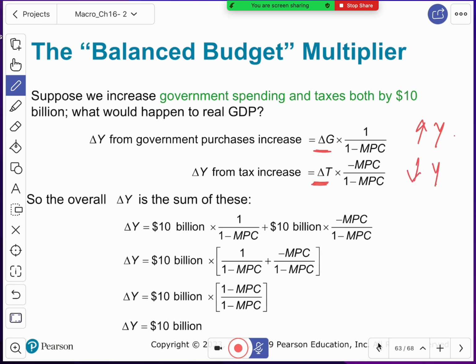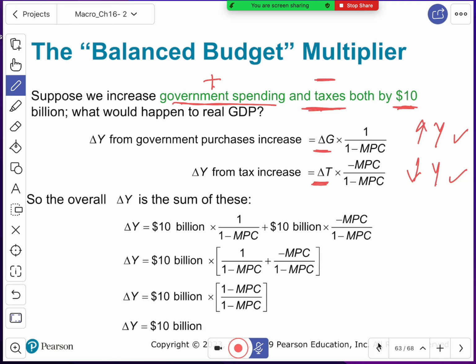So we have a positive impact and a negative impact. So the question is, if we have a government spending increase by 10 and an increase in taxes by 10, right? So I have a positive impact by 10 billion and a negative impact by 10 billion.